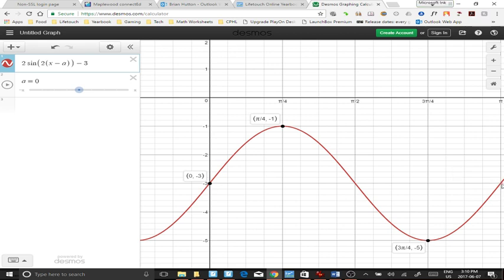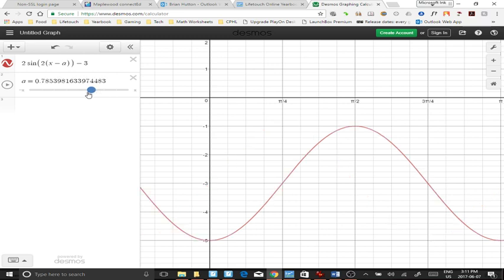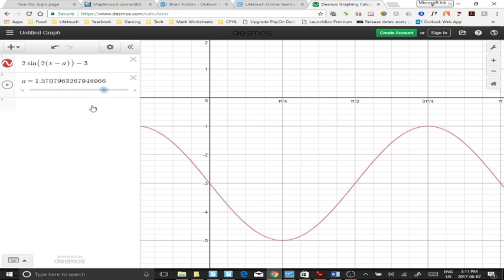And I think of the full point, which goes back to the midline. I think of those 5 key points. And if we take those 5 key points like we did when we did that example, and we move those 5 key points pi over 2 units to the right, then all we have to do is connect the dots and we get the curve.